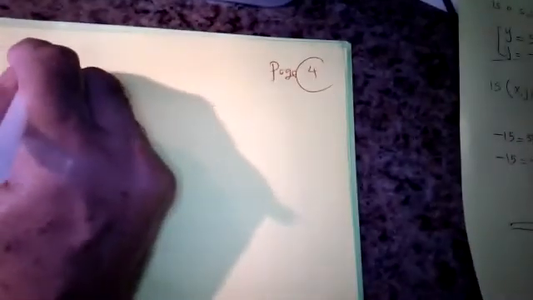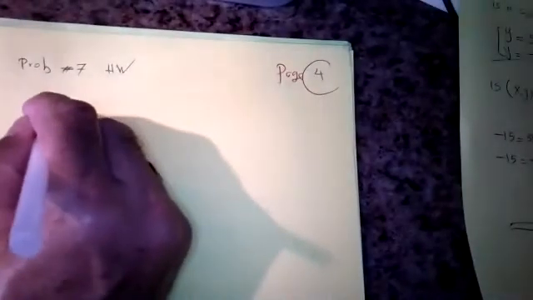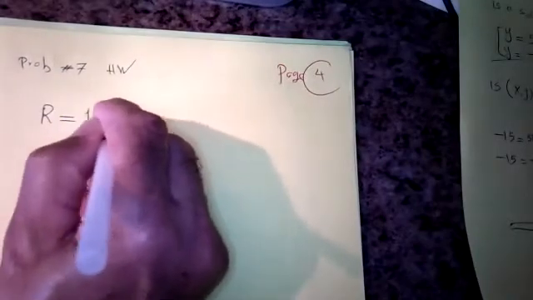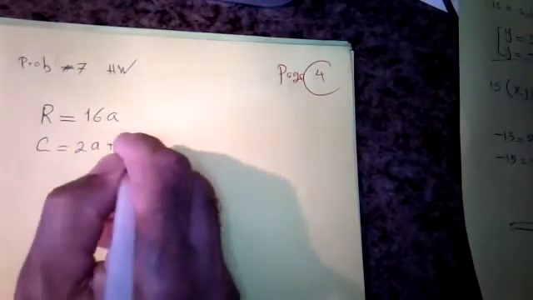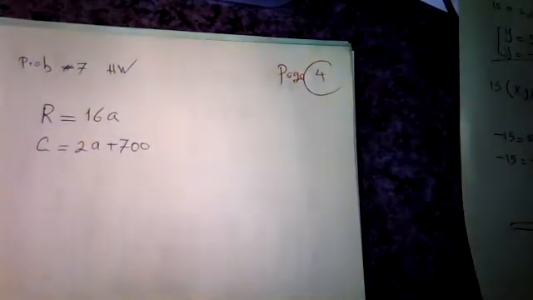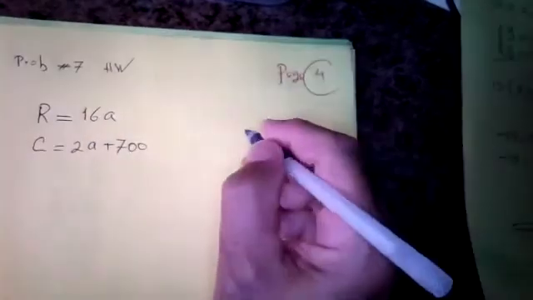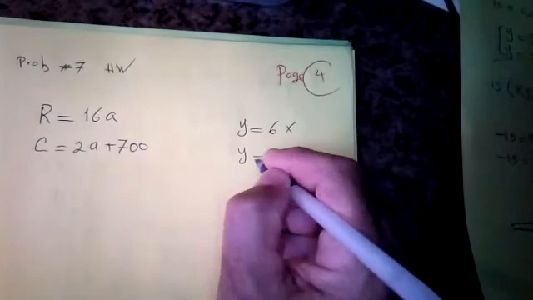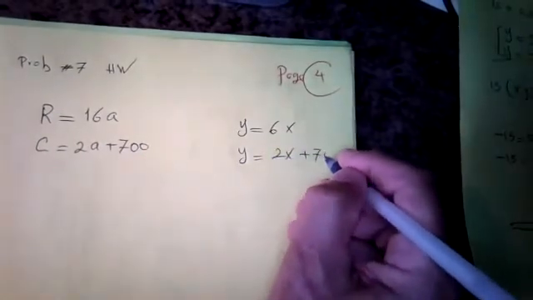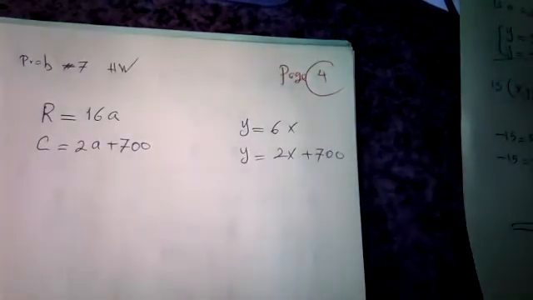This is problem number 7 on your homework. So you have these two equations, R equals 16a, C equals 2a plus 700. And they want you to graph these two because they want you to find the point of intersection. This is very similar to this. Look, y equals 6x and y equals 2x plus 700.